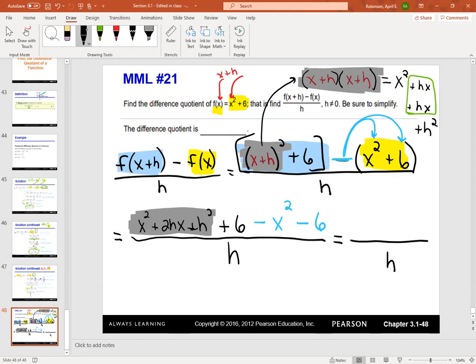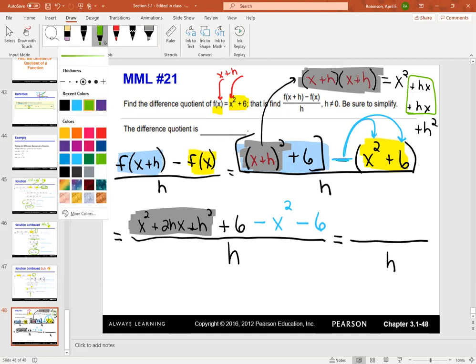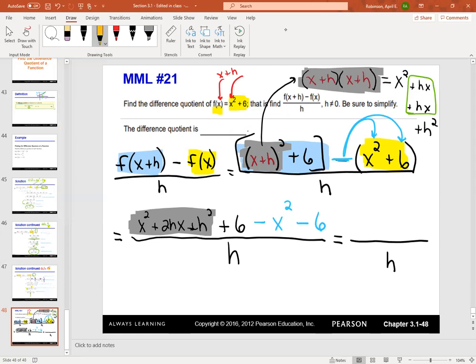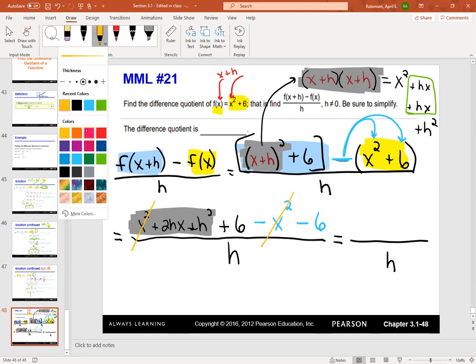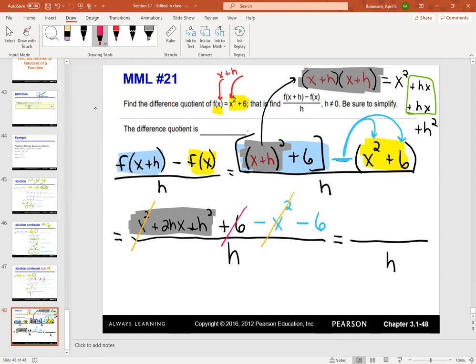Some stuff is going to cancel out. Let's see, how about yellow? All right, this x squared and this minus x squared, those will cancel out. And this 6 and this minus 6, those will cancel out. So all I will be left with is the 2hx plus h squared.